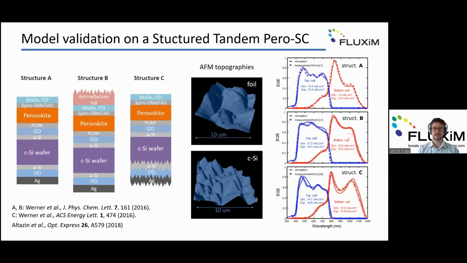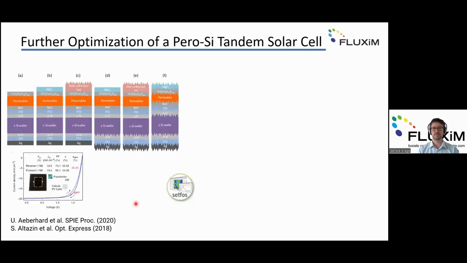Now, again, I have the model, then I can start to play around, increasing the complexity of my structure from a non-structured solar cell to a fully structured solar cell in which every interface has been structured.